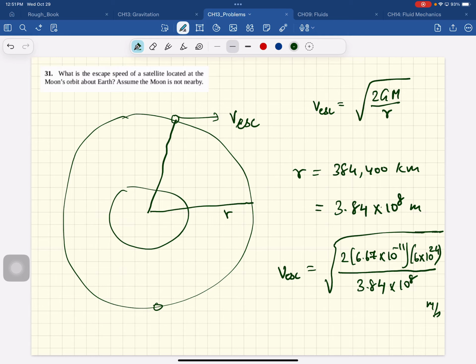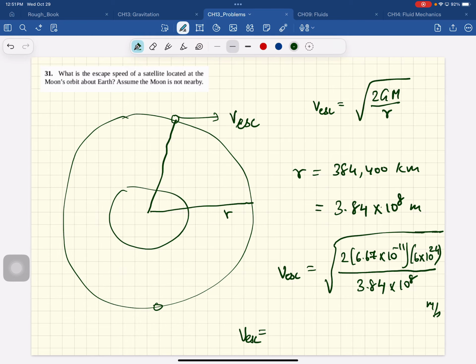So the escape velocity is, okay, let's take care of powers of 10. That's 10 to the 24. 24 minus 8 is 16. 16 minus 11 is 5. And what we'll do is we'll make this 0.2 and make that 6. Square root of 6 is 3.